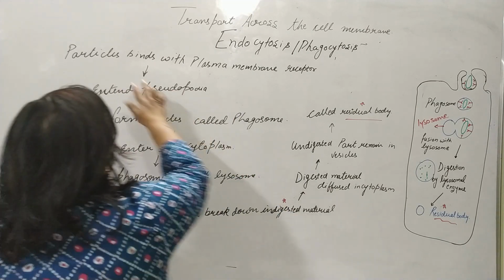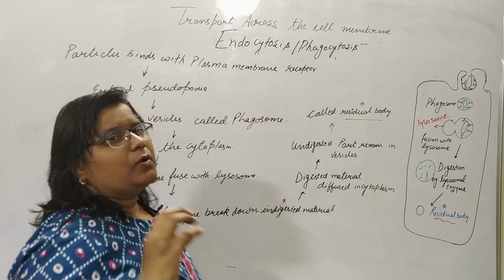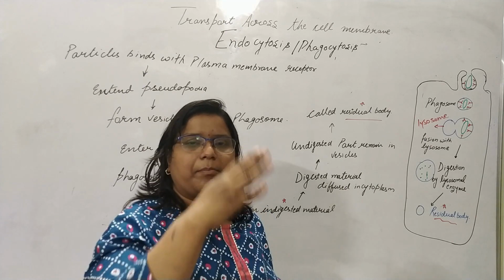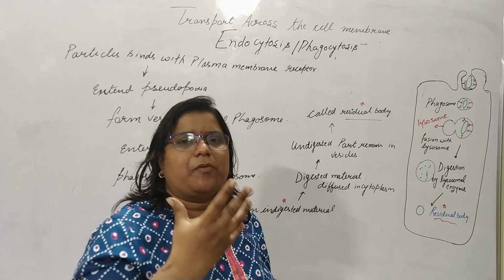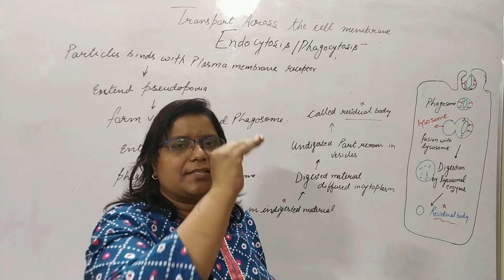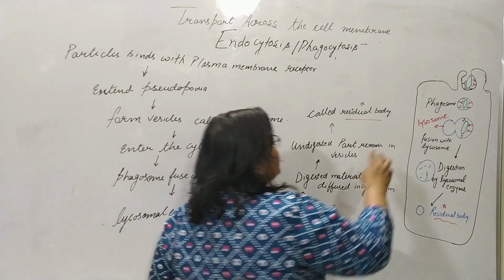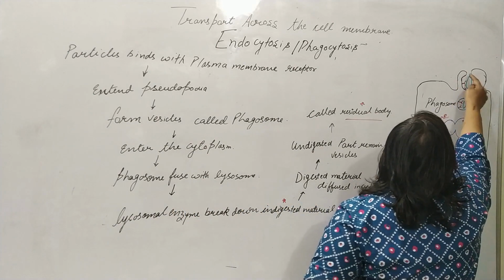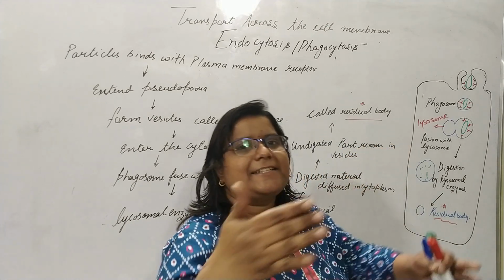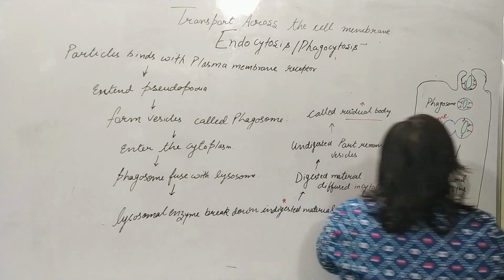Here, the particles bind with the plasma membrane receptors, meaning particular receptors or proteins are present on the plasma membrane. When bacteria and viruses attach to those receptors, the cells form pseudopodia, extensions to engulf that material.